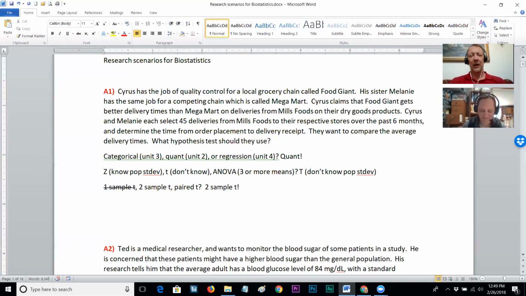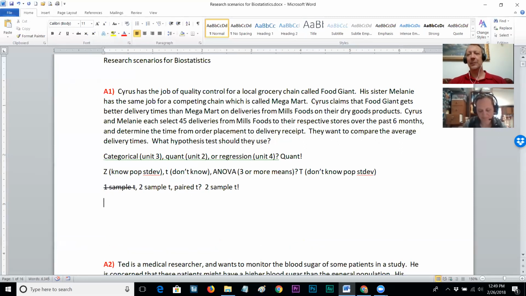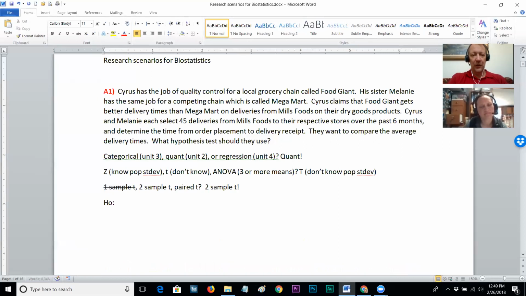Now that we know it's a 2 sample T, I'm going to ask you what the null and the alternative hypotheses are. This is also a hard question, but the answer is based on you correctly picking this.